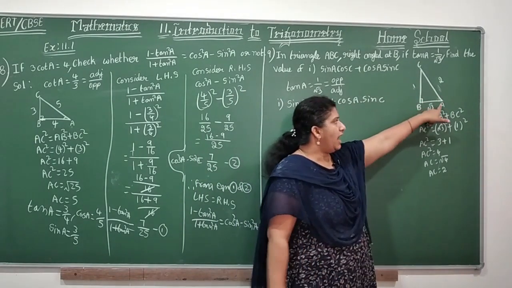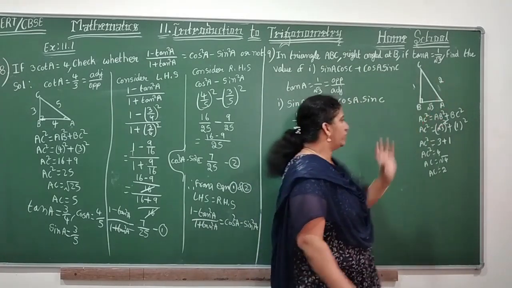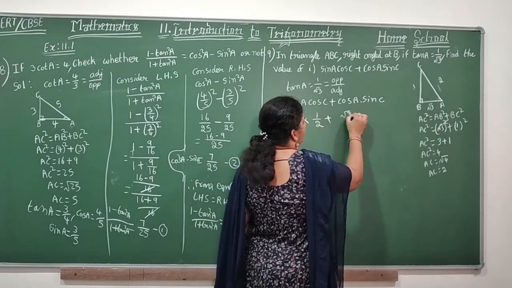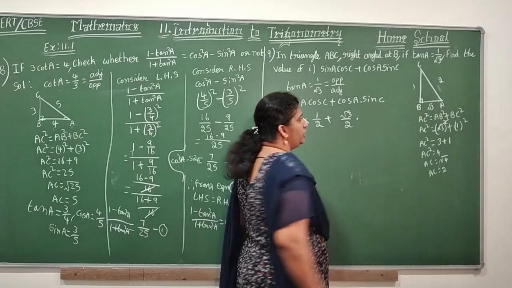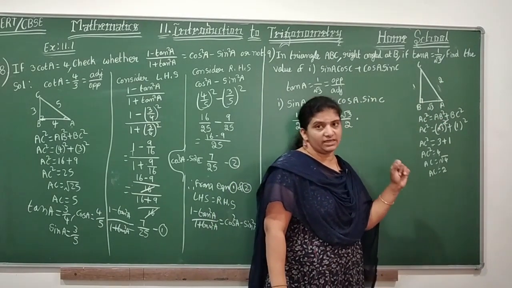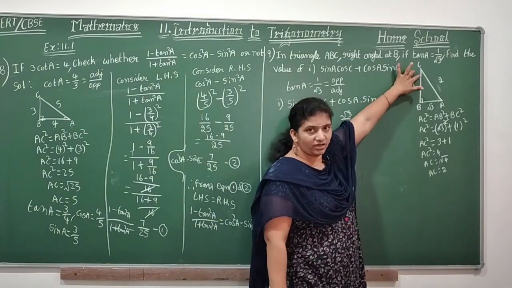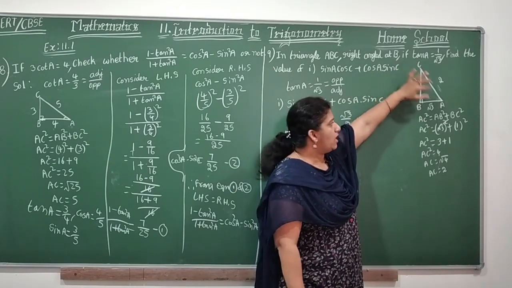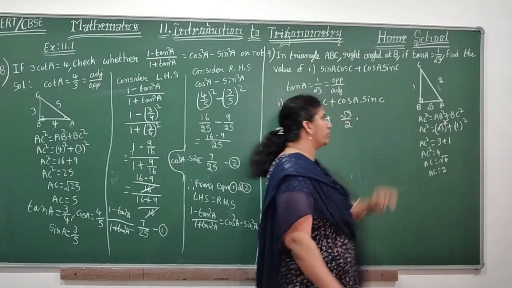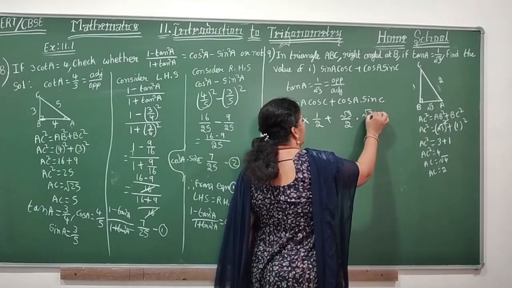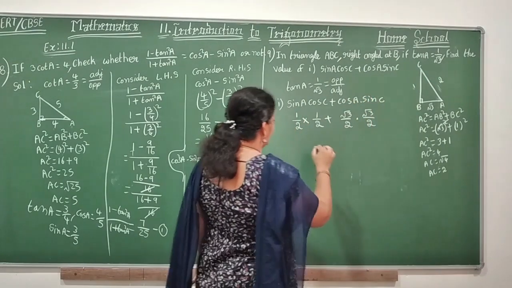Cos A is adjacent by hypotenuse. It will be root 3 by 2 into sin C. Now again shift your finger here. Sin C is opposite by hypotenuse. It will be root 3 by 2.